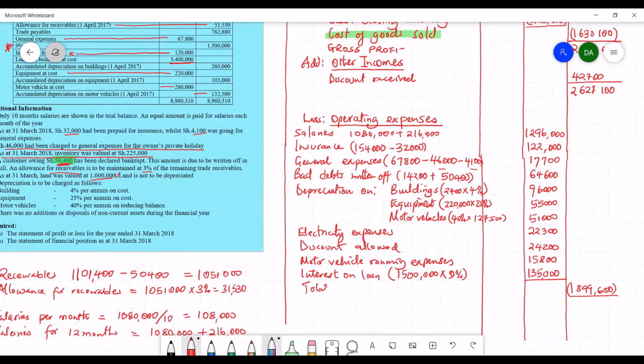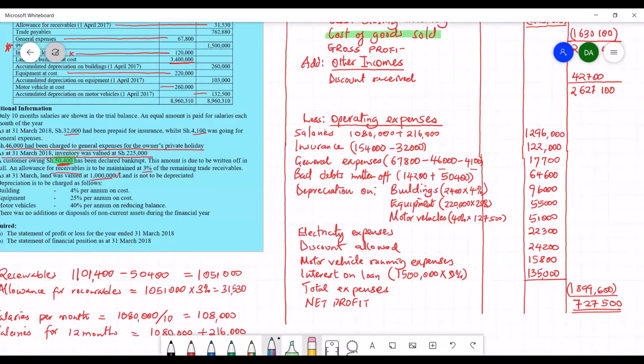We now deduct the total expenses from the total income above there, which is equal to 2,627,100, so that we get net profit. The net profit in this case is equal to 727,500. That is the net profit. And that is the end of the statement of profit or loss.